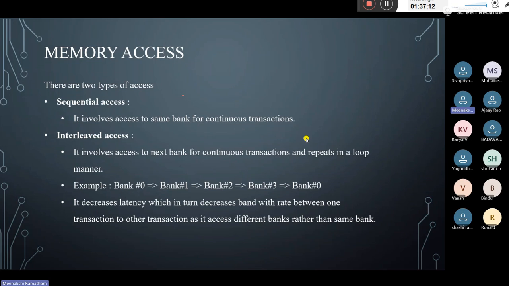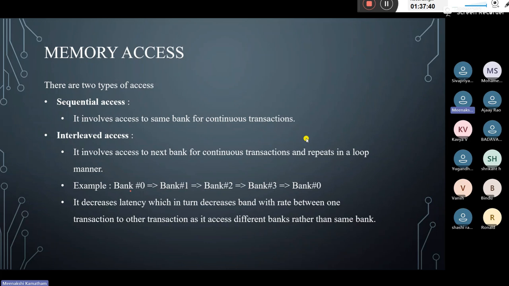See memory access. How can we access the memory sequentially, continuously? Bank 0, bank 1, bank 2, bank 3, bank 4. All the memory goes to bank 1 first. After completing writing to bank 1, we go to bank 2. Or else we can write interleaved also. Bank 0 we started.